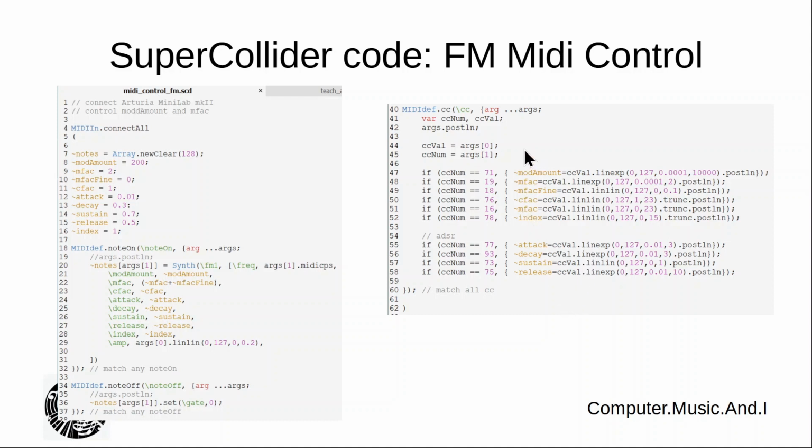All right, so this kind of structure is very similar for basically all synths or all interactive instruments that we are going to build. So you may keep this as a template for just connecting it to your own MIDI device.